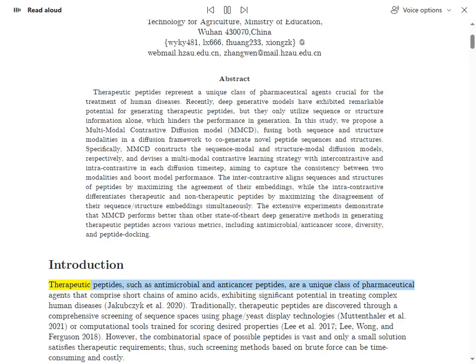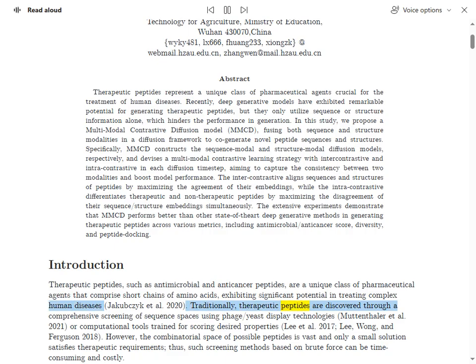Introduction. Therapeutic peptides, such as antimicrobial and anticancer peptides, are a unique class of pharmaceutical agents that comprise short chains of amino acids, exhibiting significant potential in treating complex human diseases.